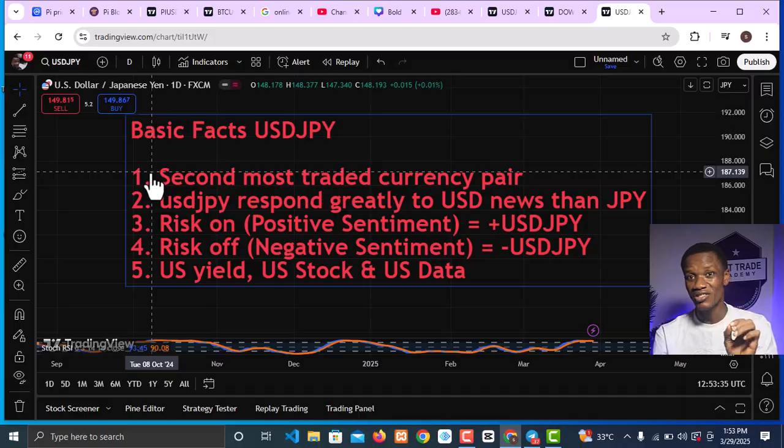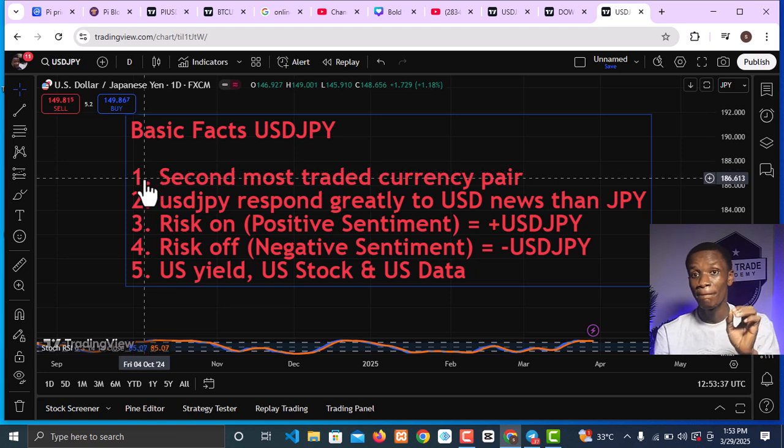So if the market is very volatile as a result of liquidity in that very currency pair, then that means you should be seeing good movement up and down, be it in a bear or bull market. And this is very important. So USDJPY is the second most traded currency in the forex market.